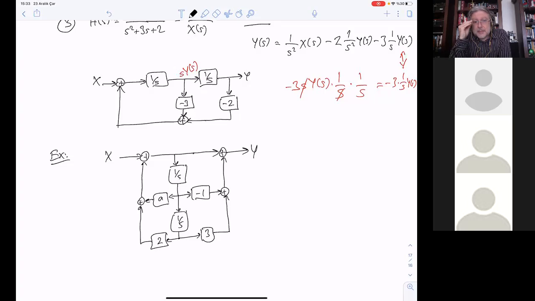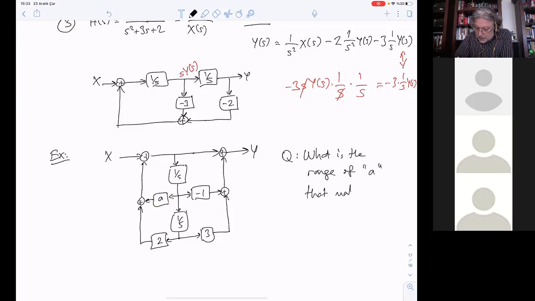But nevertheless, in some place there's a feedback from the intermediate place with a value of A, and the question is, what is the range of A that makes this causal system, I'm telling that it's a causal system, stable?